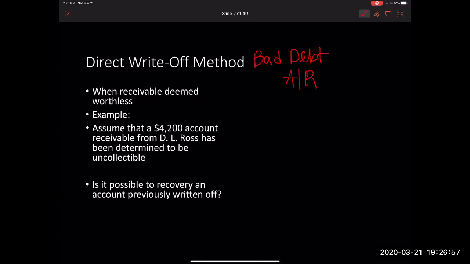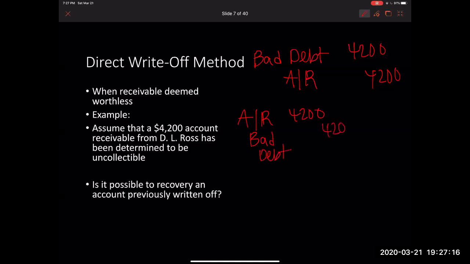Now I'm receiving the money and now I need to do the opposite, right? So all of these same accounts in the same exact amount, and I'm going to do the opposite of this. So I'm going to do a debit of accounts receivable of $4,200 and a credit of bad debt expense of $4,200.